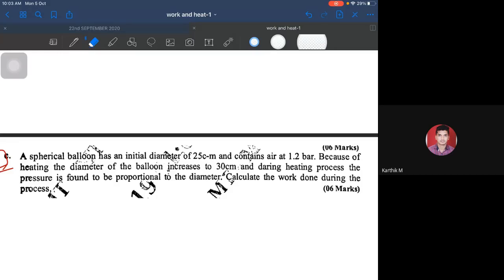So 2 different requests will be raised in Google Classroom. So everyone needs to post their assignments as well as the written notes in that particular thing in your Google Classroom. So thereby, I end module number 1. From the next class, we'll be starting module number 2.